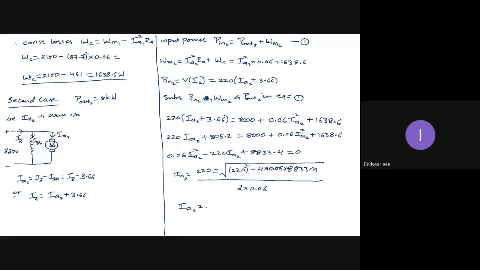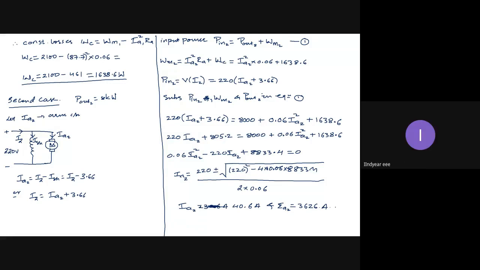One is IA2 equal to 40.6 amperes, another value is very big, 3626.06 amperes. So which value will you choose?